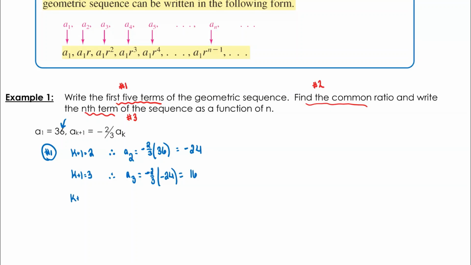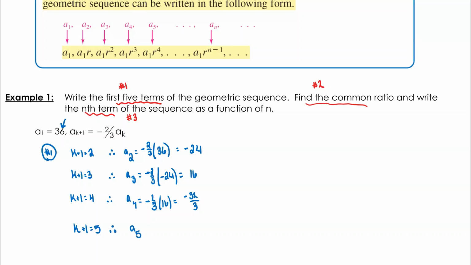Next, k plus 1 is 4. And so we have a sub 4 is equal to negative 2/3 times positive 16. And so that's going to give me negative 32/3. Okay, and then the last one here, the 5th term.